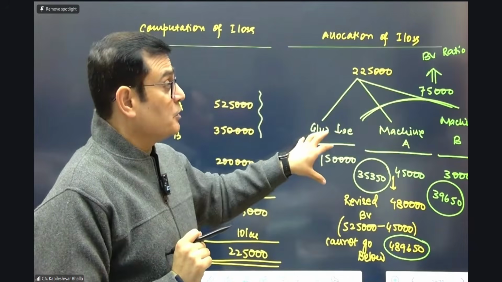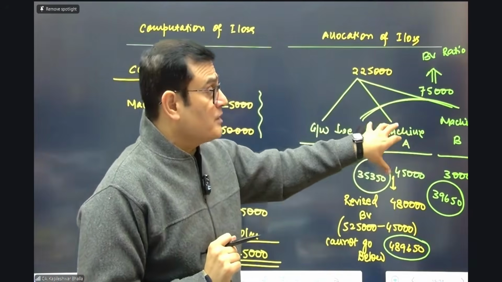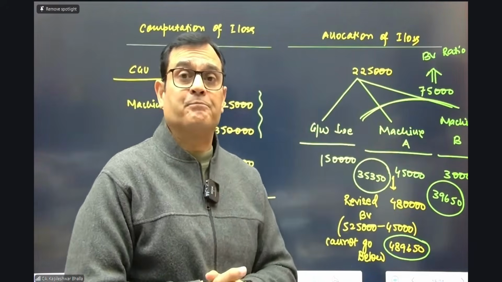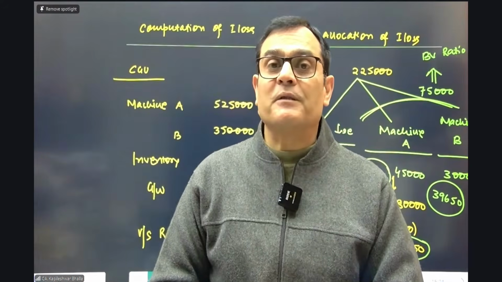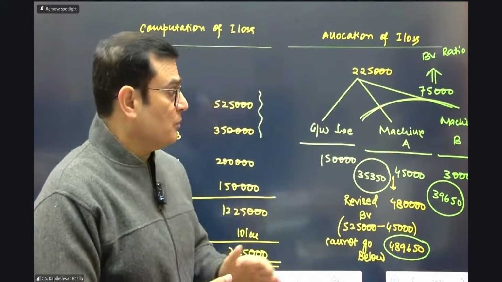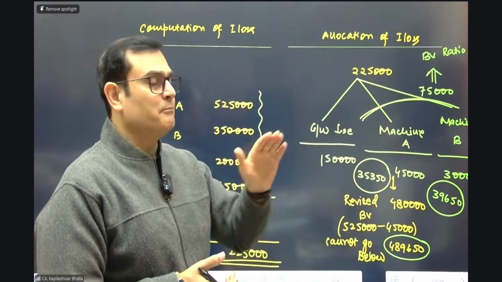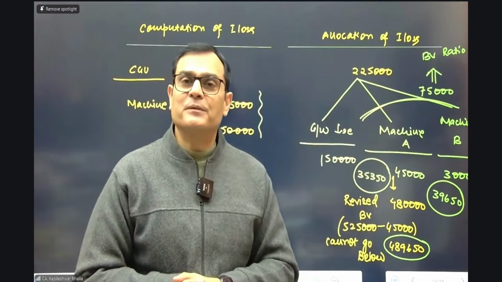On a very idealistic situation, we divide the impairment loss in the book values, but that leads to a larger share going towards A. But since we know that A cannot be reduced below a certain figure, we need to restrict the impairment loss to that figure. And then the remaining impairment loss is allocated towards B.